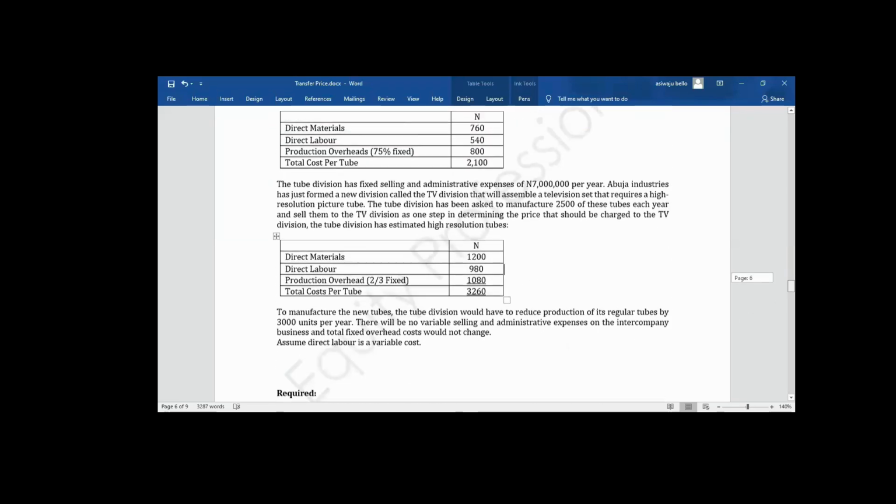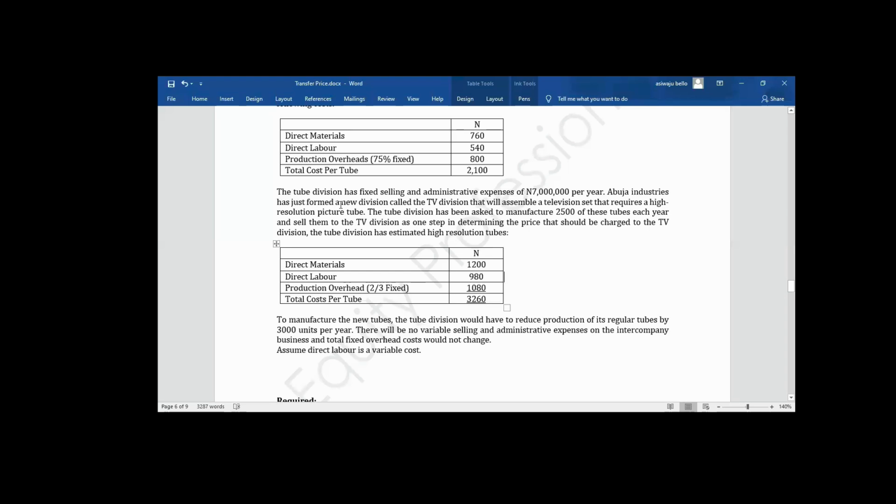The note here says the tube division has fixed selling and admin expenses of 7 million naira. Now, if the total selling and admin is 7.8 million, and fixed selling and admin is 7 million, that means variable selling and admin expenses is 800,000 naira. Is that point clear, please? Yes, sir.